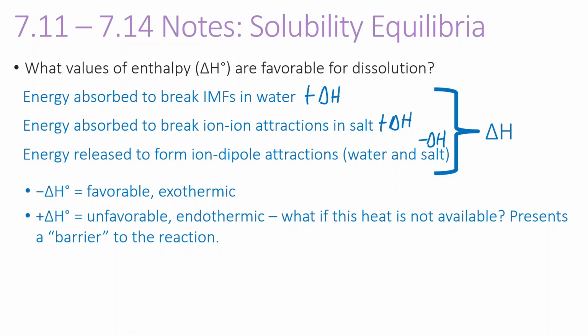This is going to be an exothermic reaction. If delta H is positive, this is unfavorable and endothermic. So in order for something to dissolve endothermically, that heat needs to be available to be absorbed. And if this heat is not available, it creates a barrier to the reaction.